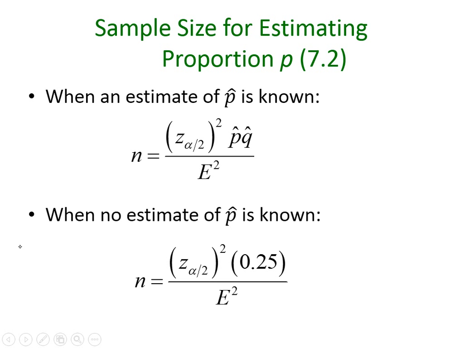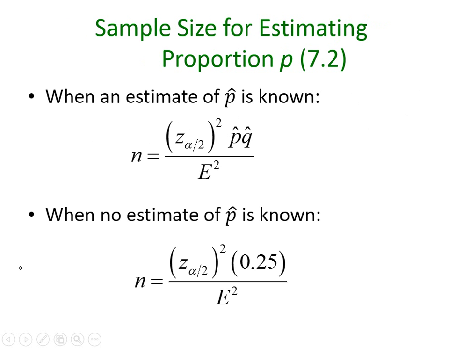So just understand that if you know the sample proportion, if I knew that it was 52%, then what is 0.52 times 0.48? Okay, so it's giving you something that's a little smaller than that 0.25. Well, when I multiply that by the z over alpha squared divided by the margin of error squared, it's going to have an impact on my sample size.